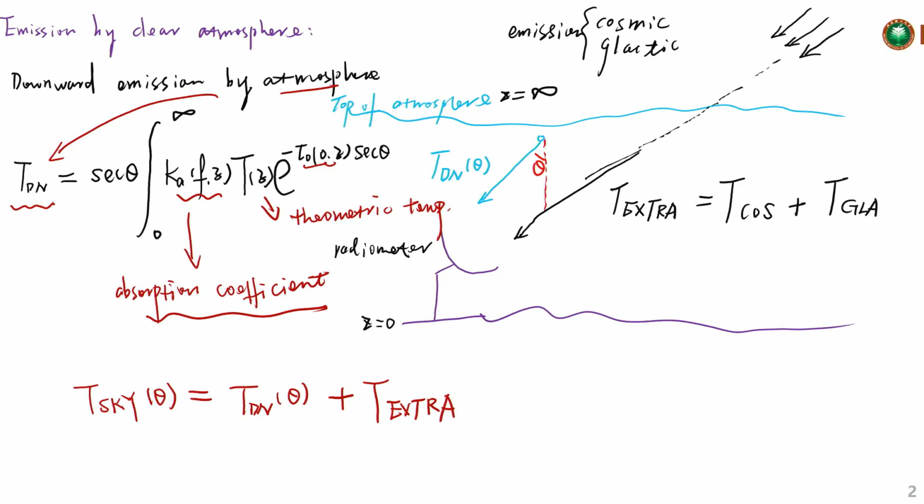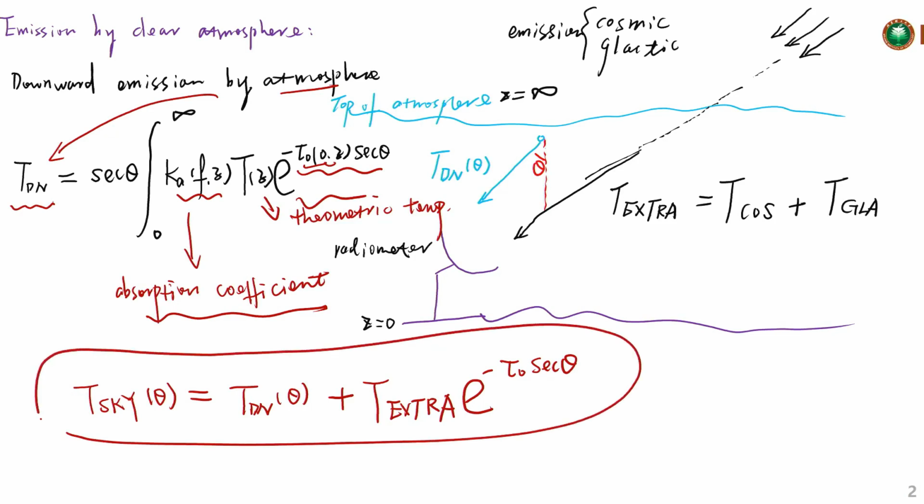Besides that, we have another term related to this, e to the minus tau-naught sec theta, which is the emission attenuated by the atmosphere, for the calculation of the brightness temperature detected by the radiometer.